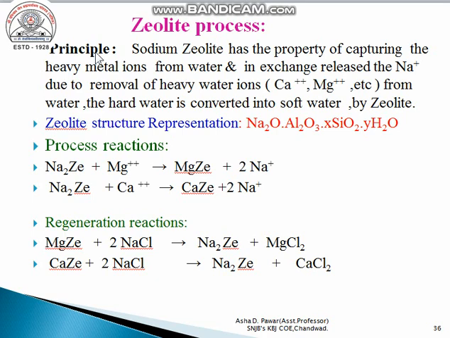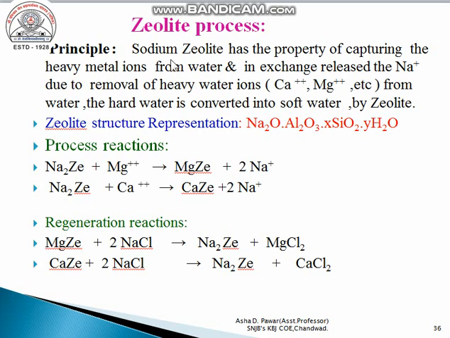Then what is the principle of this method? Sodium zeolite has the property of capturing heavy metal ions like calcium and magnesium from the water, and in exchange releases sodium ions. Due to the removal of heavy metal ions like calcium and magnesium from the water, hard water is converted into soft water by zeolite. That is a very simple process.